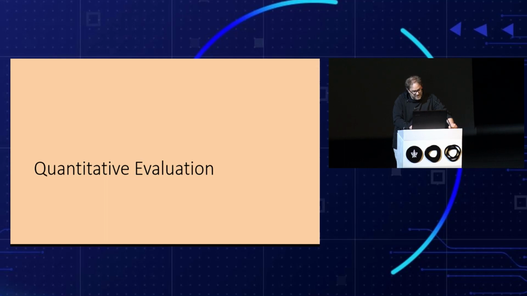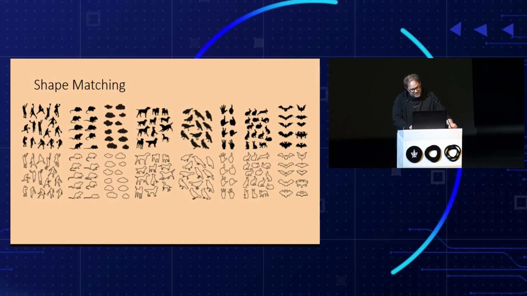So we also make a quantitative evaluation. What we did is we took a collection of silhouettes of different items, for example, poses of some basketball player, some clouds, some dogs, some birds, all those kinds of things. And we extracted the boundary curve of each of those silhouettes. So we got a collection of planar curves, which we use as a benchmark.